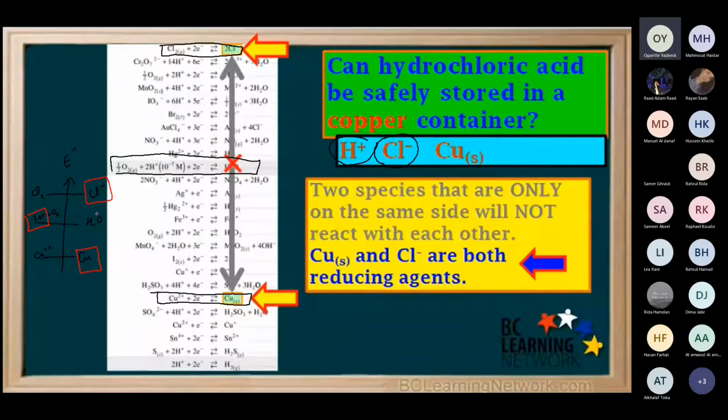If they're on the same side, there's no reaction between them. And so both the copper and the Cl- are reductants. They're on this side. Okay, so they're the reductant part of the couple.